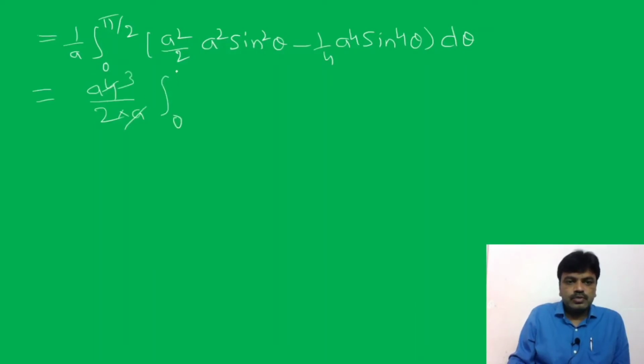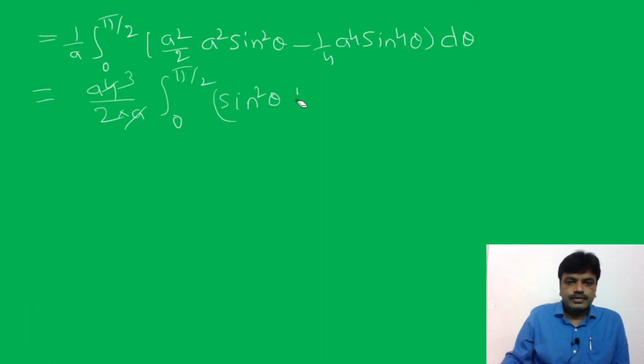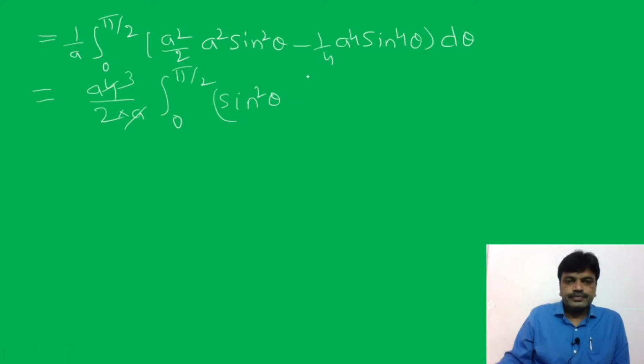Integral 0 to pi by 2, we get here sin square theta minus 1 by 2 sin power 4 theta d theta.